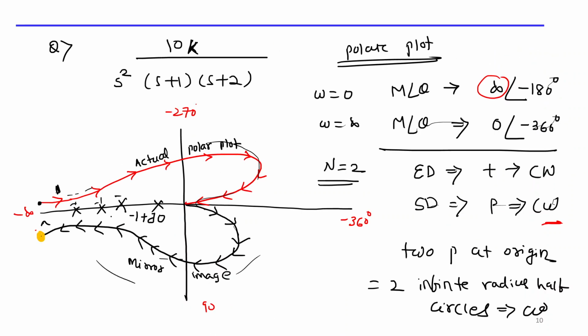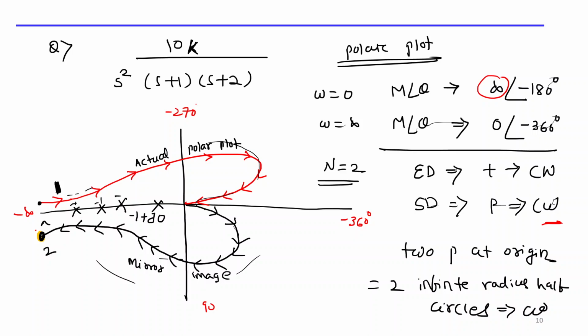Here the original plot started at this point 1, right? So make an infinite radius half circle, which starts where the mirror image ends. The mirror image ends at this point 2, right?